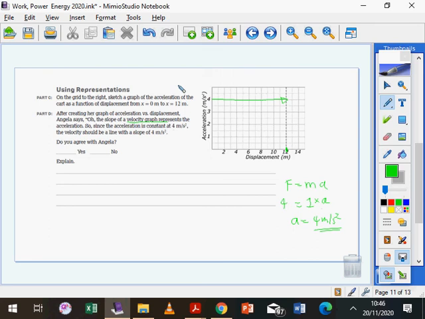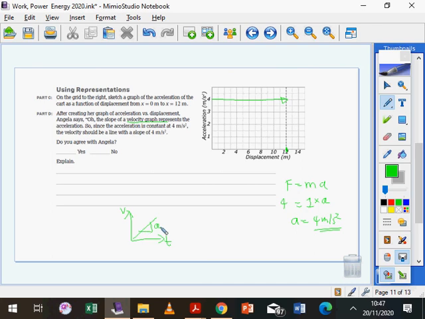Angela is basically saying that the slope of a VT graph is acceleration, and this is the trick in this question. That is true, right? But first of all, this graph is not an AT graph.